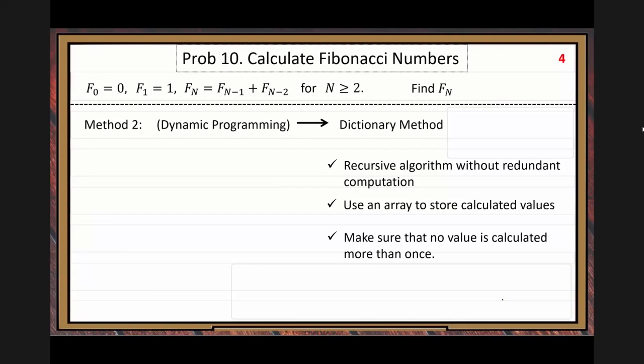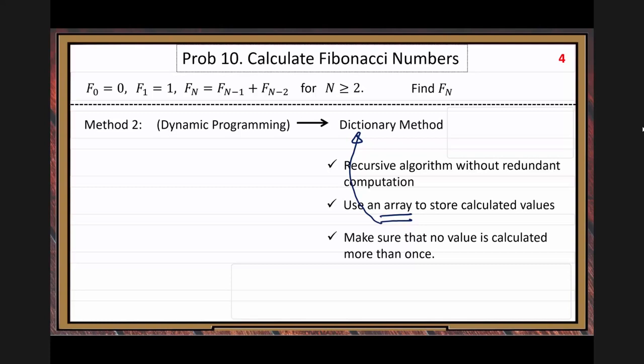Recursive algorithm without redundant computation. Using an array to store calculated values, and this array is the dictionary. We can do the lookup operations in this array. Make sure that no value is calculated more than once.